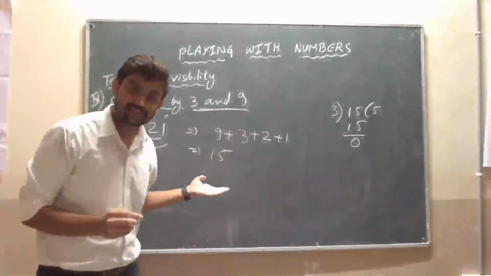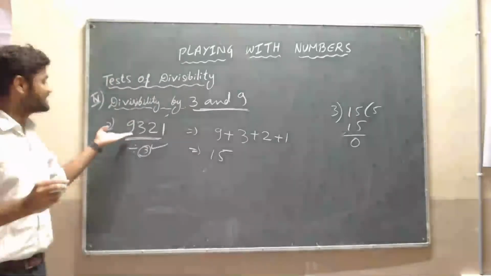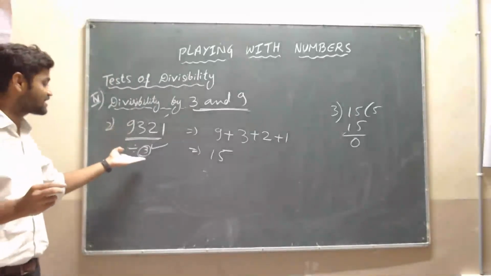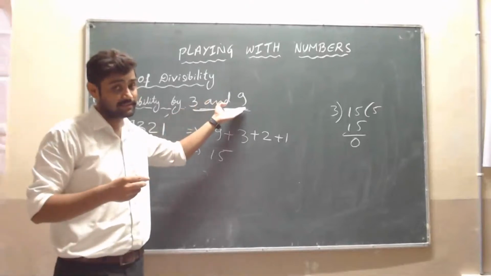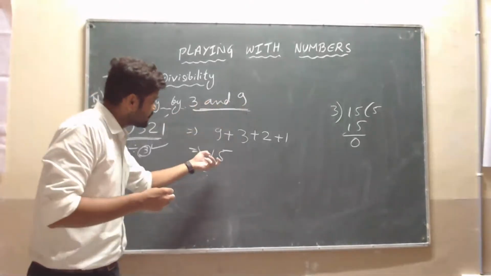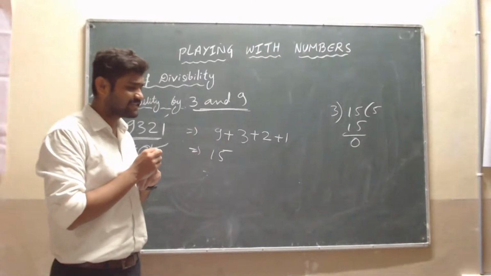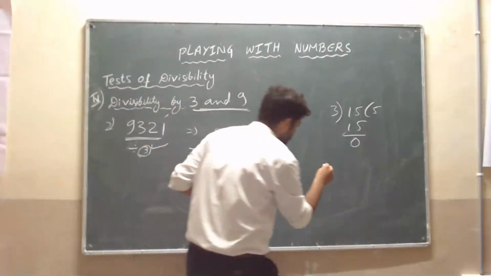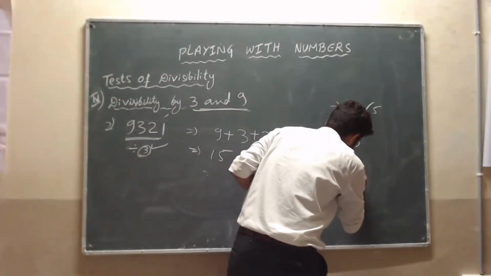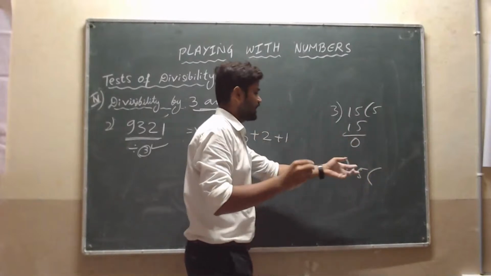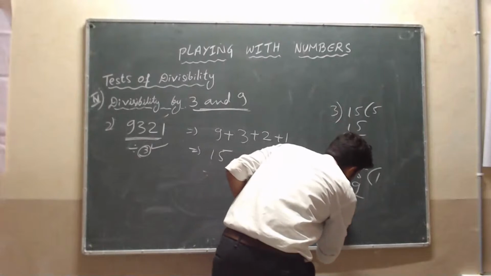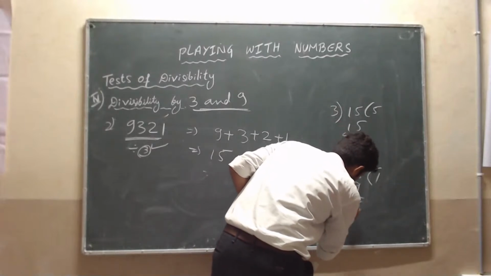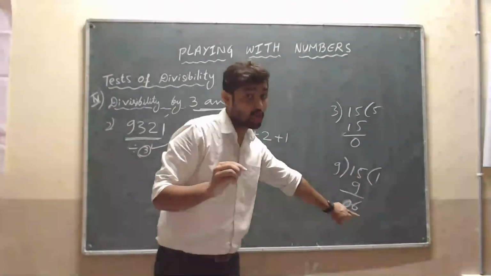Because 15 comes in the 3 table, we can say that 9321 is also divisible by 3. Then check with 9: whether 15 comes under the 9 table. 9 ones are 9, and the remainder is 6, which is not 0.